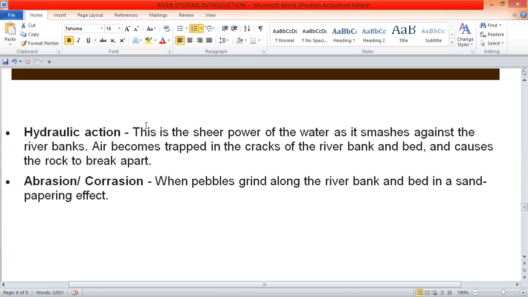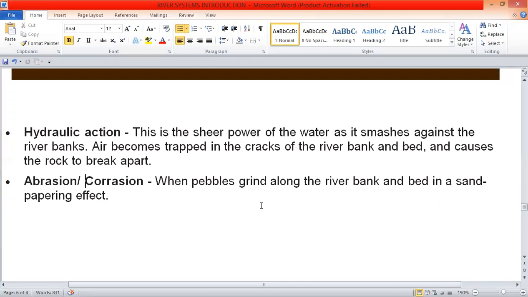Then the second one is abrasion, which is also called corrosion. The spelling, please, you must master the spelling. Abrasion is also called corrosion. It is when the big load grinds along the river bank and bed, with a sandpapering effect.